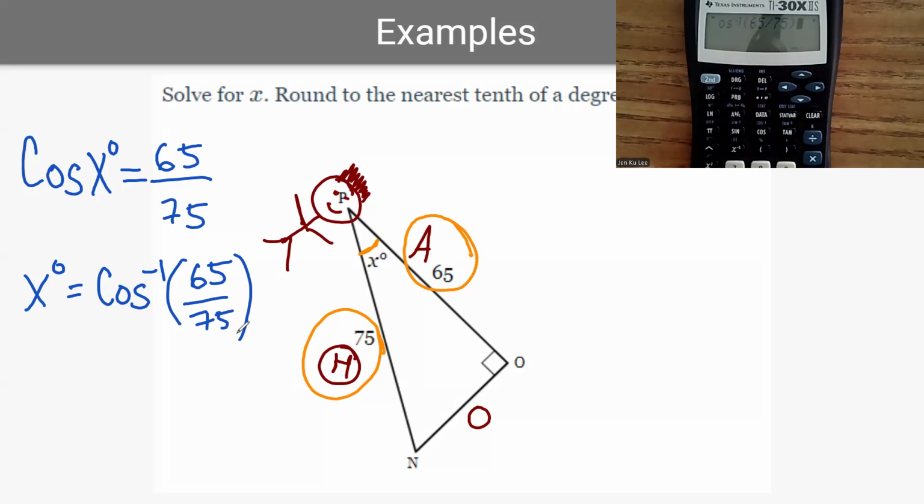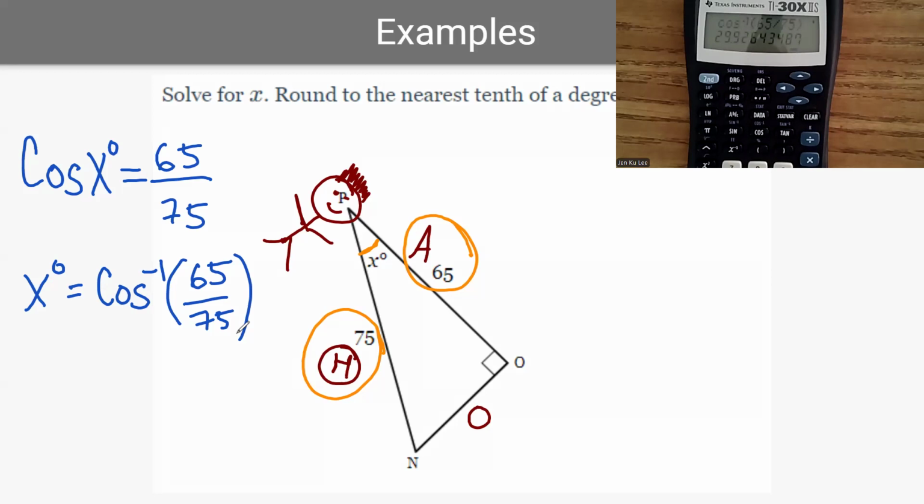If your calculator just spits out numbers, it just has one screen and doesn't have the typing screen, then you have to go 65 divided by 75 equals first, and then push second cosine to get the inverse of that. So the order matters depending on what type of calculator you have. When you hit equals, it's 29.9, nearest tenth. So it's 29.9 degrees.